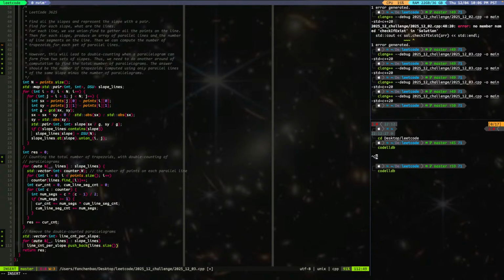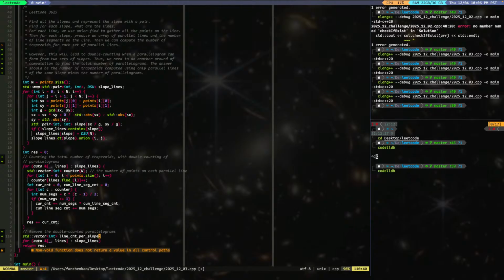Lines is a DSU. Okay, yeah, that's not right. Lines is a DSU, so we need to find how many parents, right? How many unique ones? So that's actually not right. I think it's a little bit more. Oh, why don't you just do it right here, right?